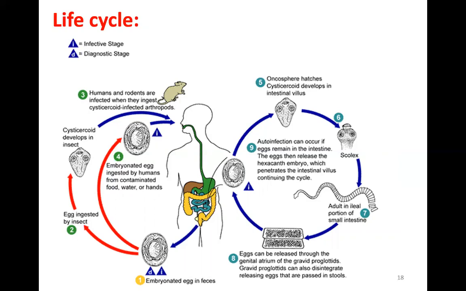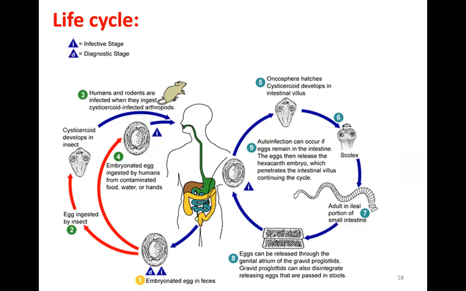And in this way, it reaches the intestine of human beings, where they develop into adult worms. The second way, on the right side, is that autoinfection can occur within the human intestine.